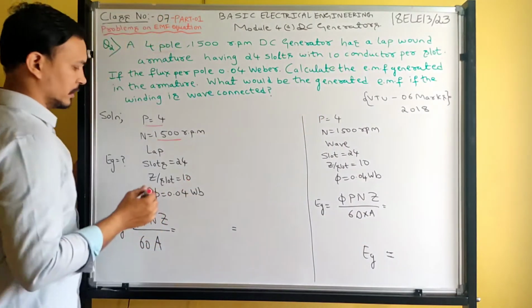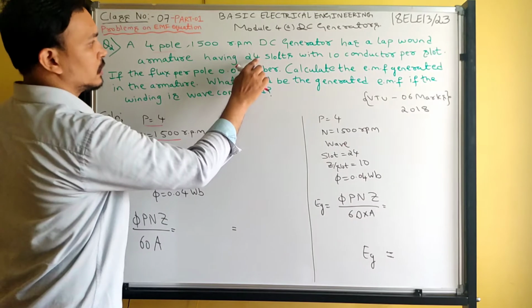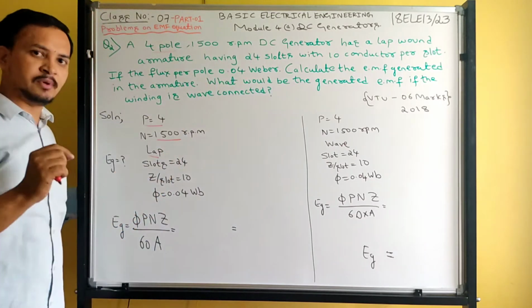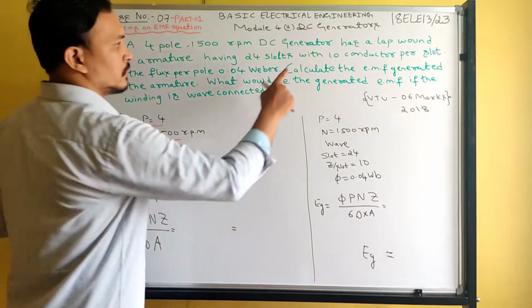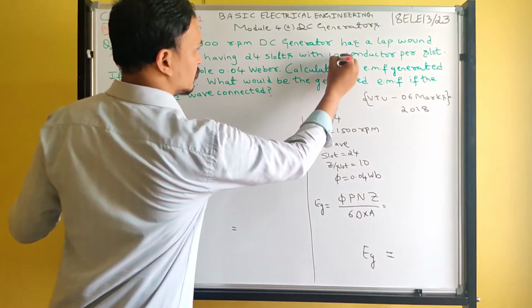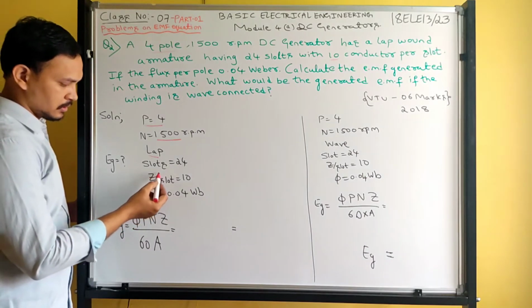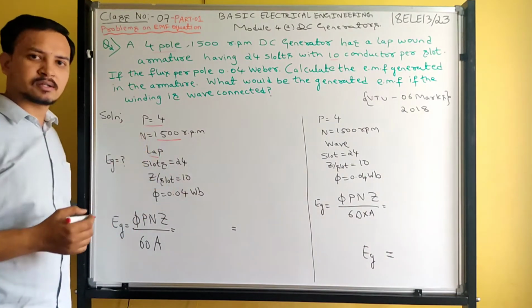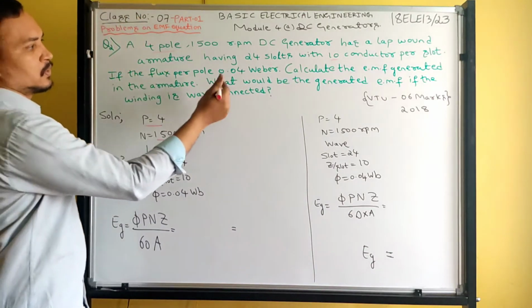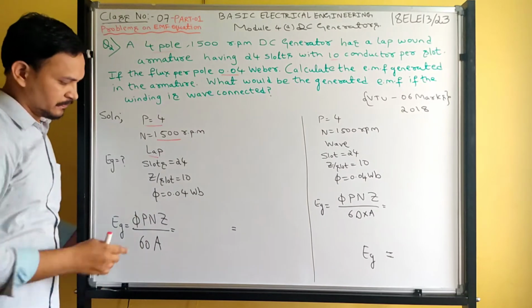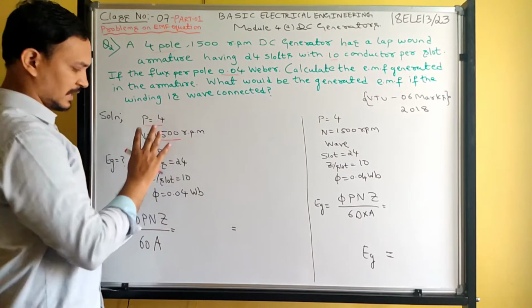Lap wound armature having 24 slots, with 10 conductors per slot. The flux per pole is 0.04 Weber. So these are the data given.